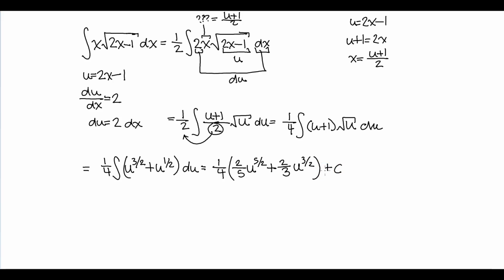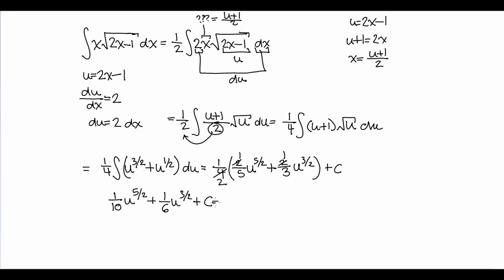And what we can do is do a little simplification. So this would be 2, this would be 1, this would be 1, and we get 1 over 10 u to the 5/2 plus 1 over 6 u to the 3/2 plus c.